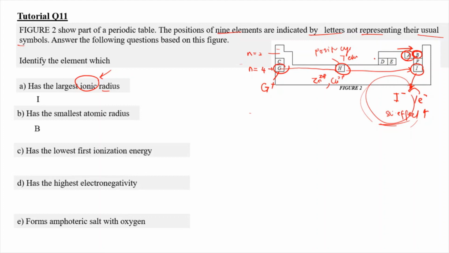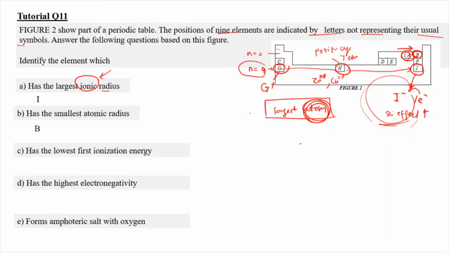So now for the lowest ionization energy. For the lowest ionization energy, we need to look into the largest atom. Okay, largest atom. So we are talking about atoms now. The largest atom is going to appear in this period here, which is n equal to 4.